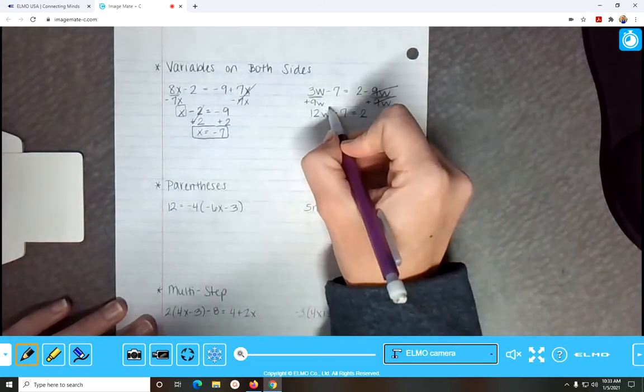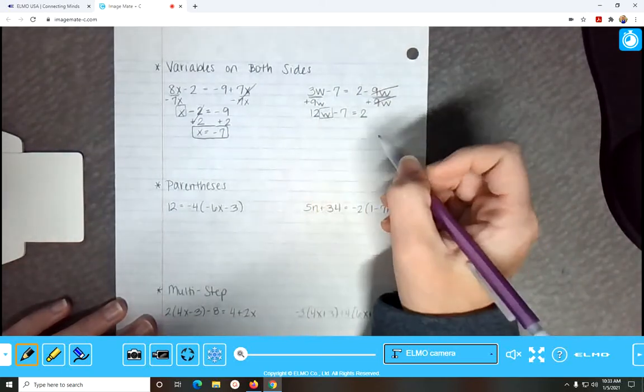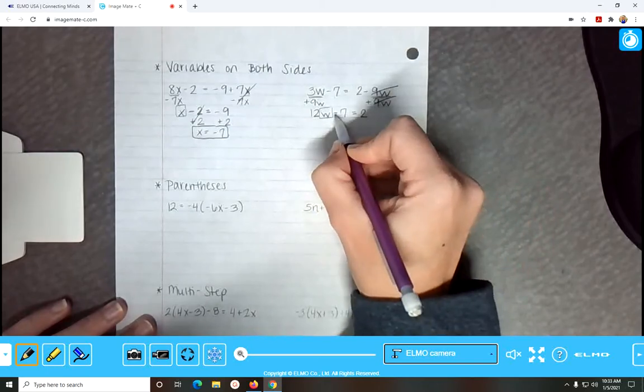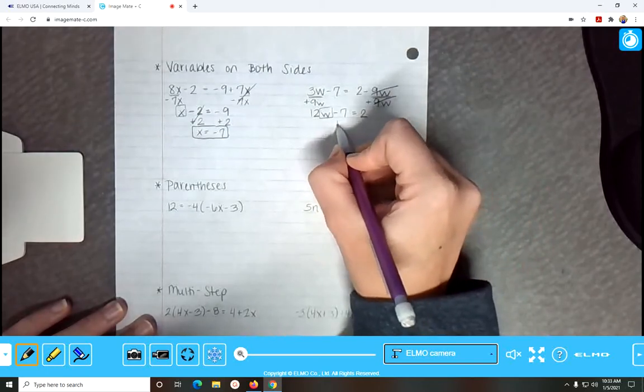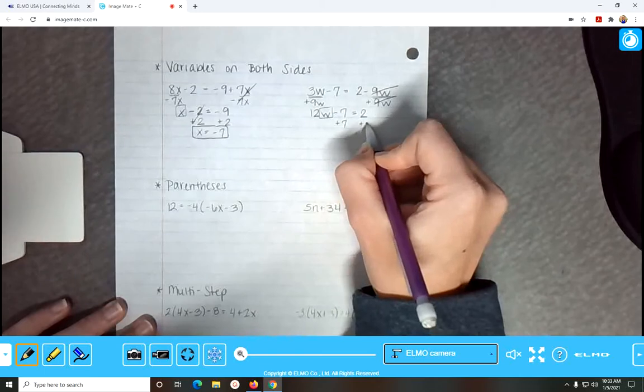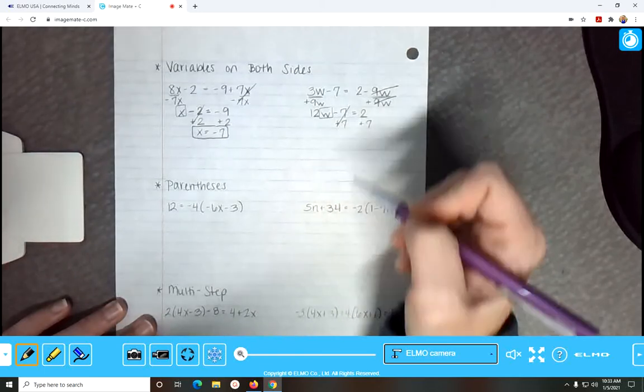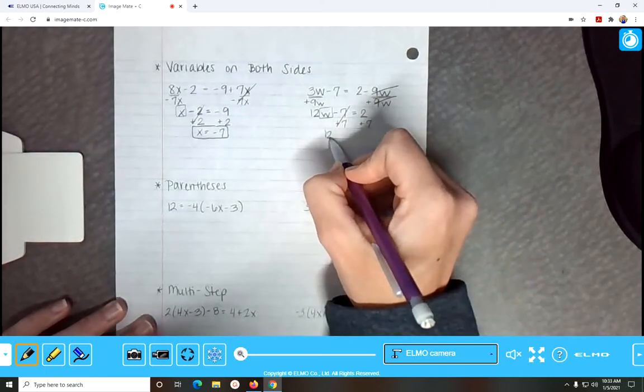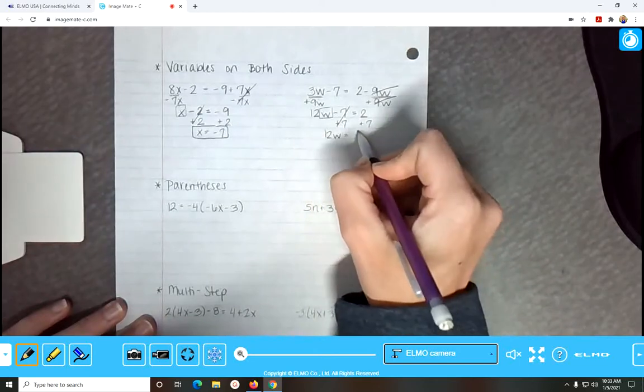Okay, now to isolate this w, remember addition and subtraction first, so I have a minus 7 here that I want to get rid of, so I'm going to do the opposite. I'm going to add 7 to both sides. So I have 12w equals 9.